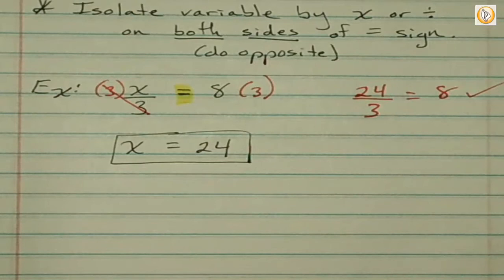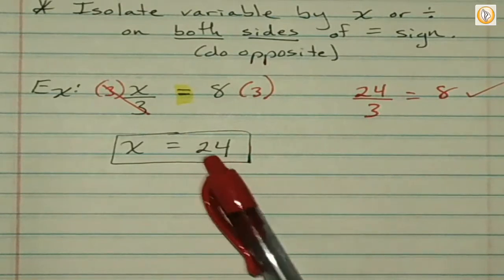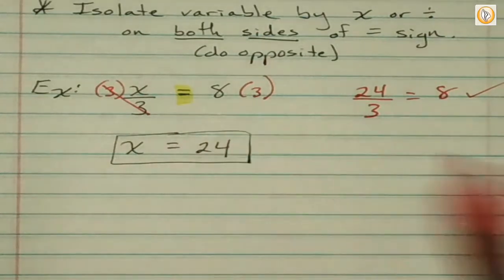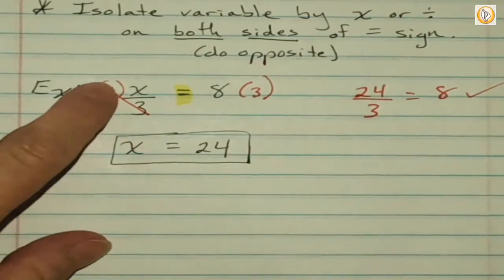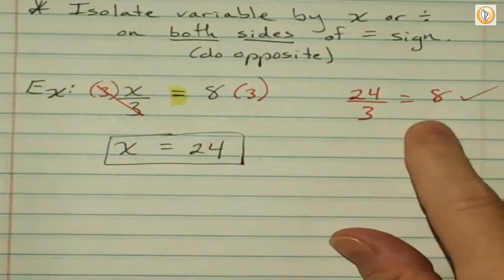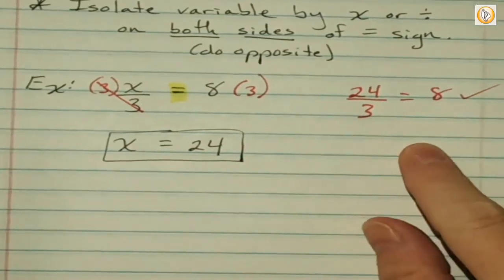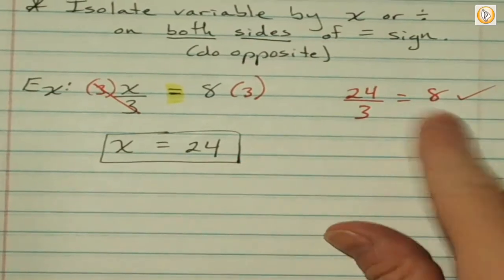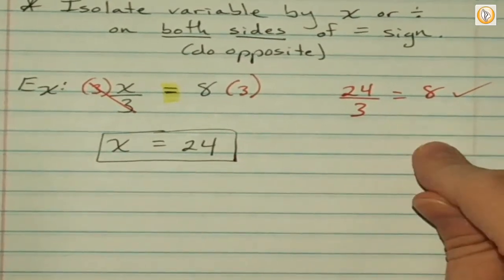I told them, you literally took every one of your answers and replaced the variable from the beginning, reworked it to make sure. One student said, Miss Rogers, I replaced it to check, but I'm getting a different answer. I laughed because they had the correct answer, but then made a mistake in checking.